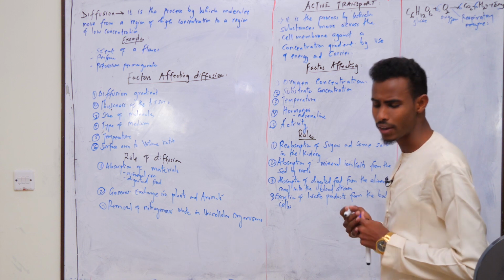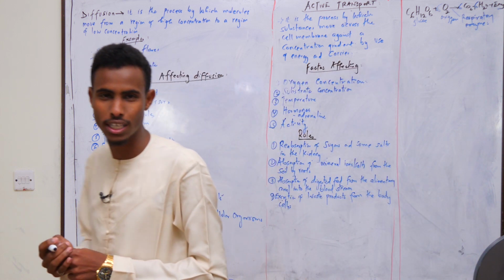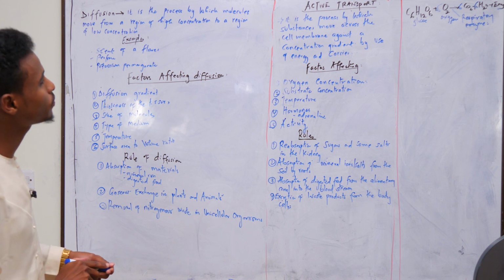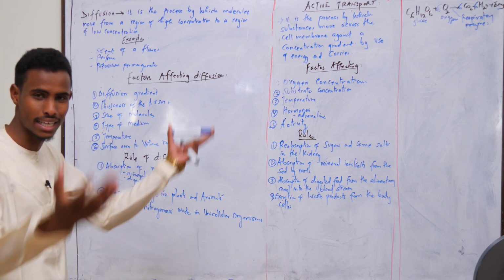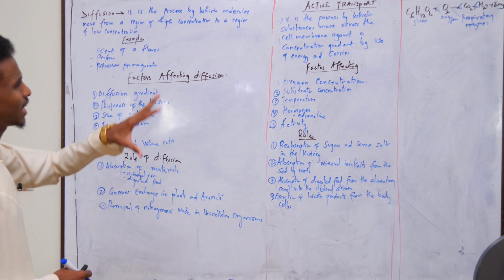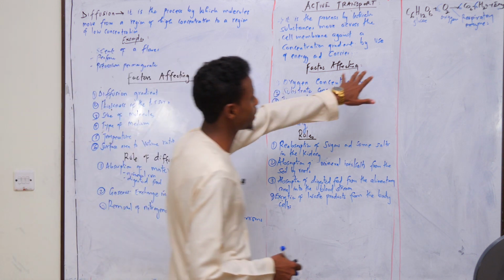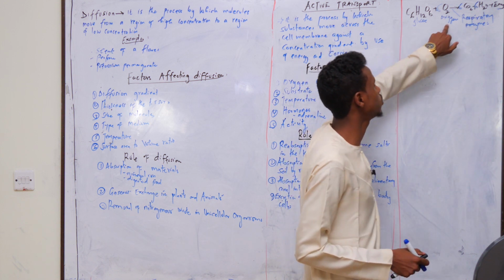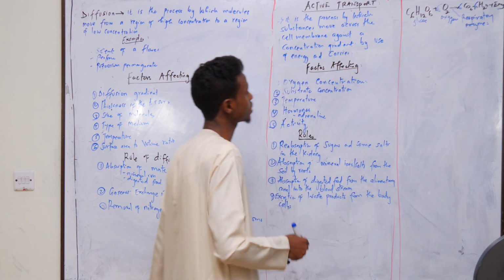Now class, factors affecting the rate of respiration can be extracted from the chemical equation that summarizes the process of respiration, which is glucose being oxidized by oxygen to form carbon dioxide and water.